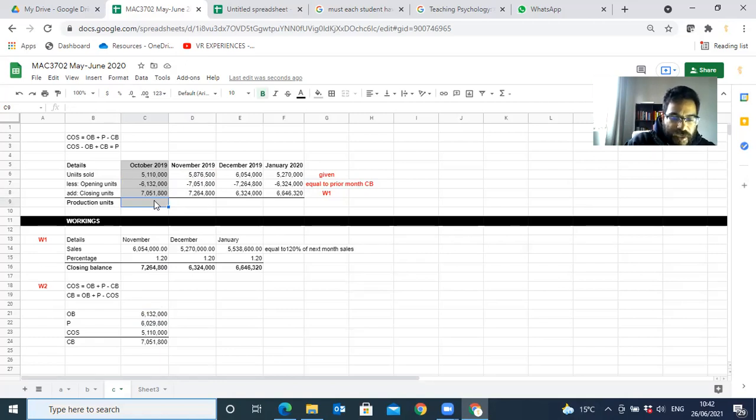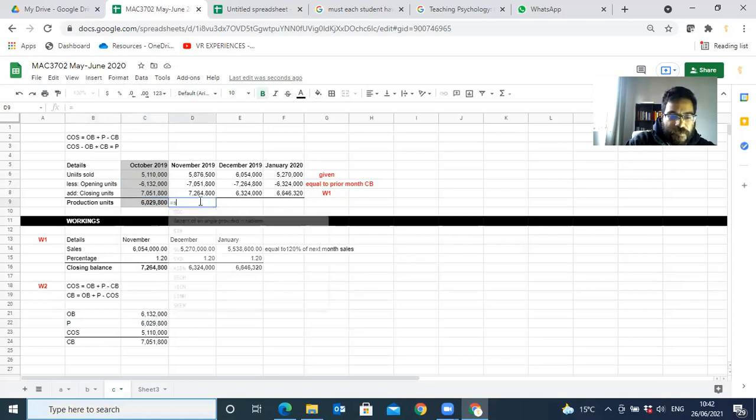So if I just say equal sum, okay, so you can see production unit 6029, and they also told us actual production was 6029. I just wanted to do a check because I wanted to know why did they give it to me. There was no need for them to give it to me because I'm going to work it out anyway.